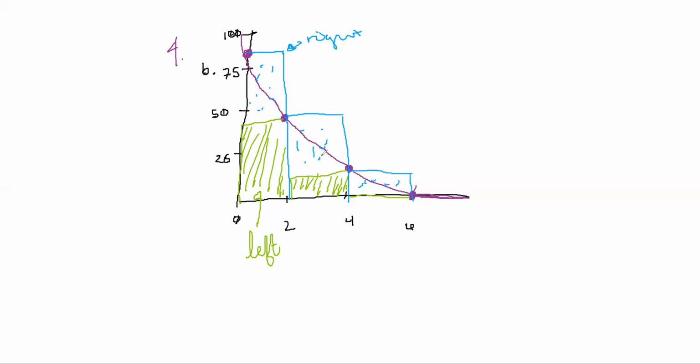So what are we going to do? We're going to find the area under this curve. So this is going to be 2 times 88. This is going to be 2 times 45. And this is going to be 2 times 16. And we're going to add all of these together to get the area.